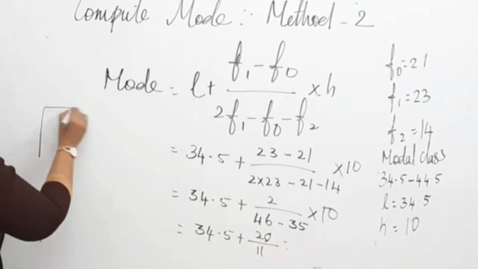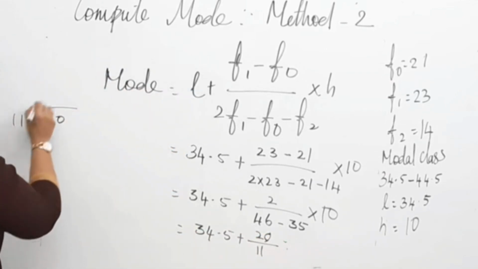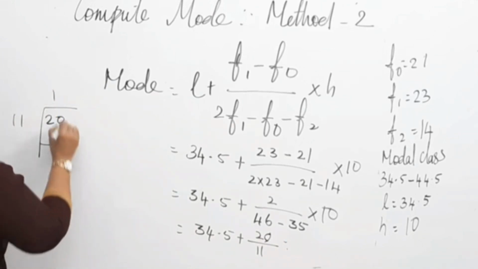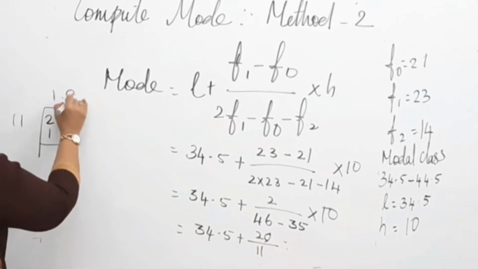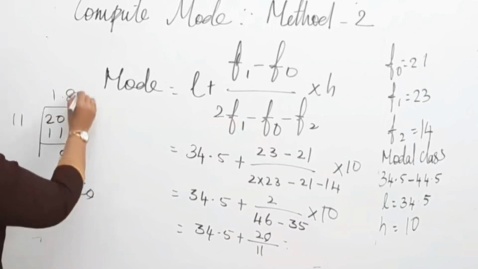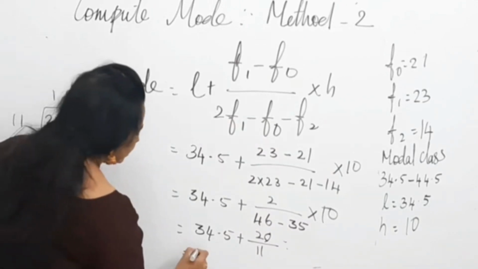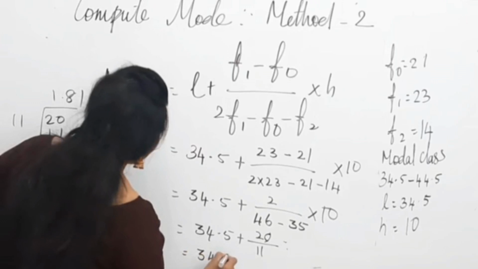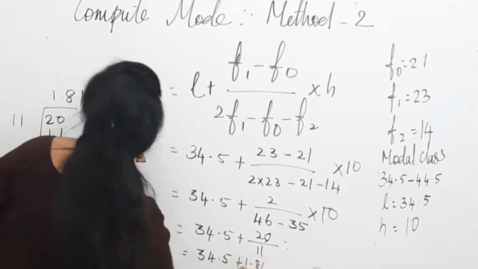Now I'm going to divide 20 by 11. 1 11s are 11, 9.0, 8 11s are 88, 2, 0. So my answer is going to be 34.5 plus 1.81.